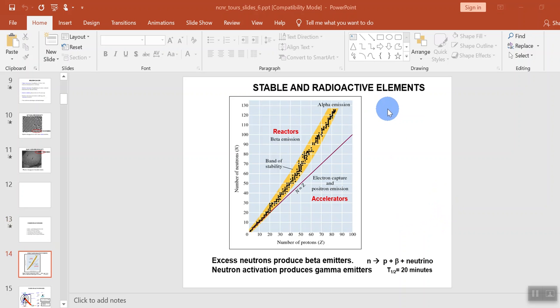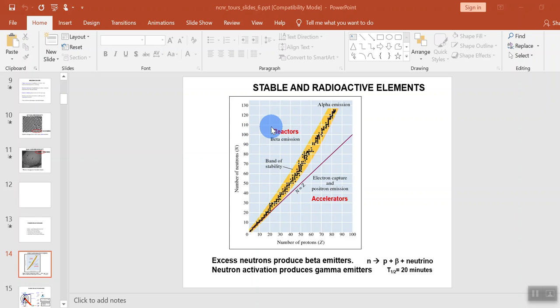So stable radioactive elements. We see the number of protons, number of neutrons, all of the nuclei that exist, and their isotopes. We see that the stable elements are higher than N equals Z, so they have excess neutrons there.